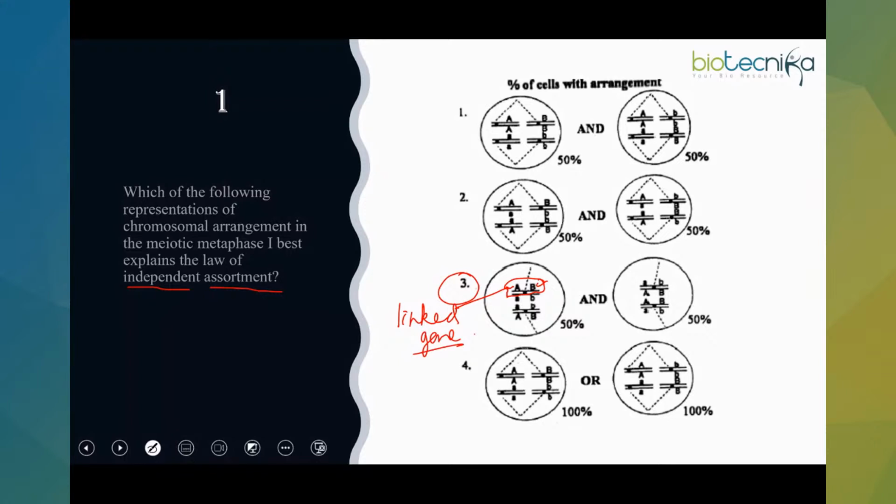Is linkage something that was observed by Mendel? Did Mendel encounter linkage? No, right?